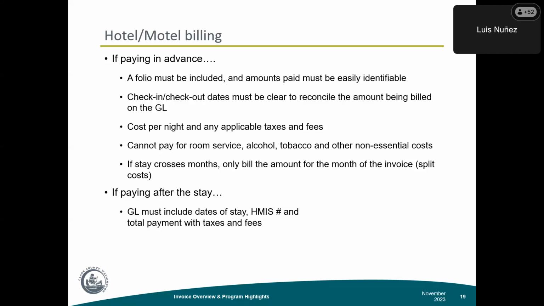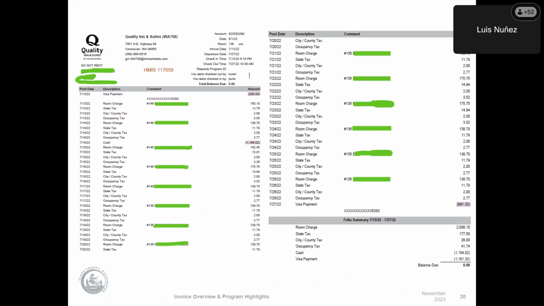And then the next slide is just an example of the folio that needs to be provided for the backup. As you can see, they provide the HMIS number on there, and then they redact any personal identifying information from that document, and also highlight the costs that are being reimbursed.